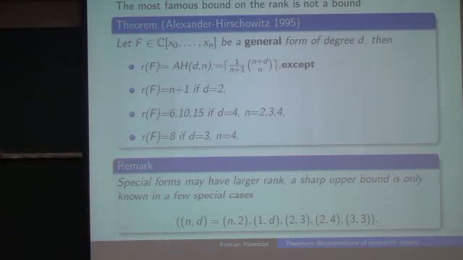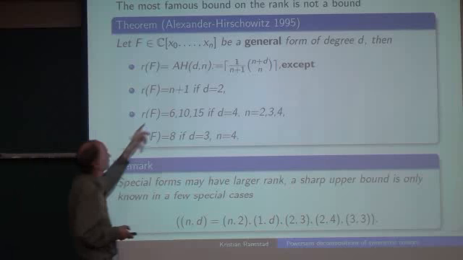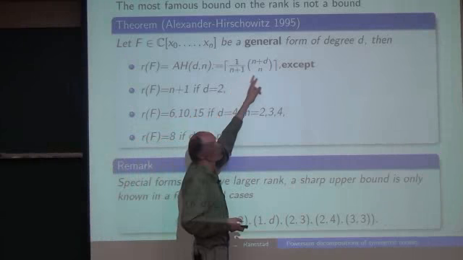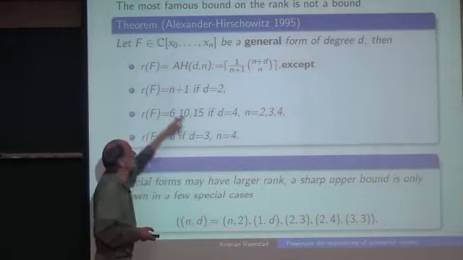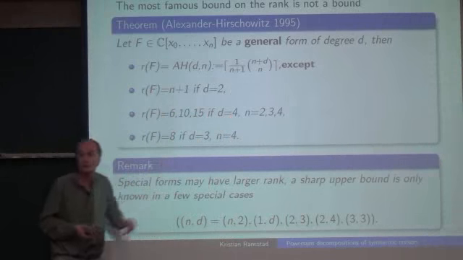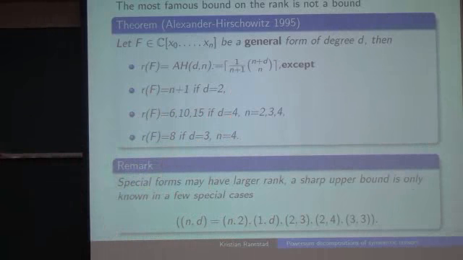And that's exactly what this statement answers. This was proven in 1995 by Alexander and Hirschowitz. And the formula is a general formula with a few exceptions. And these exceptions were all known around 1900, 1905 or so.